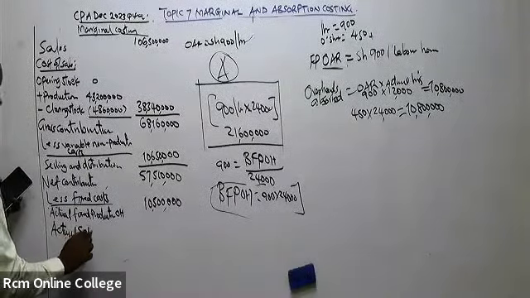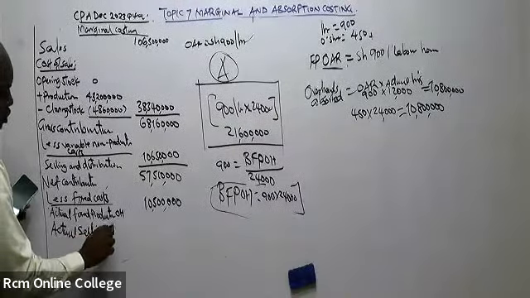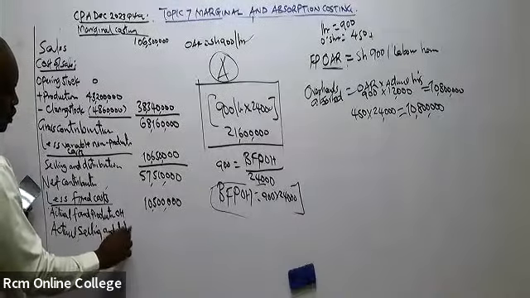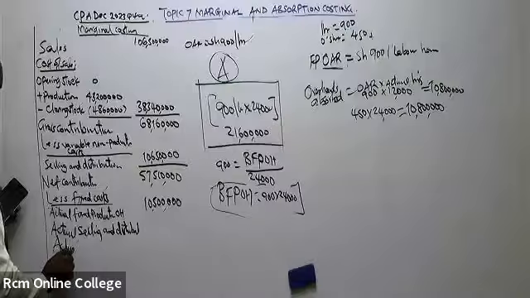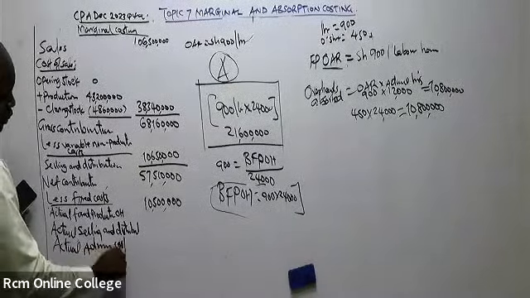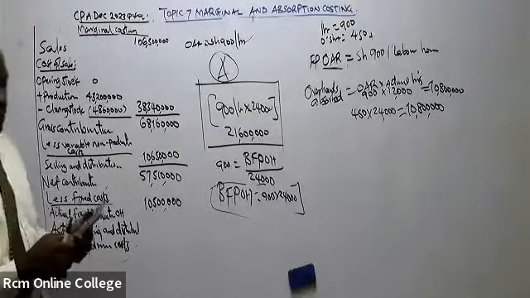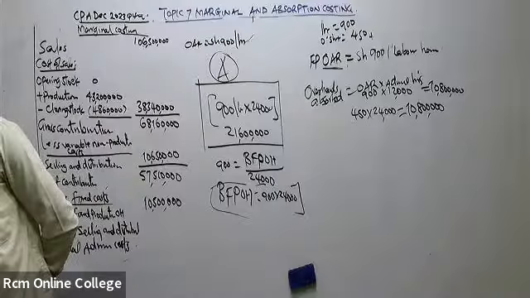From the actual fixed production overheads, let us now go to actual selling and distribution. Then you go to actual admin costs. So actual selling and distribution, somebody?